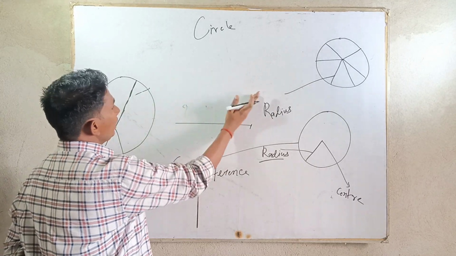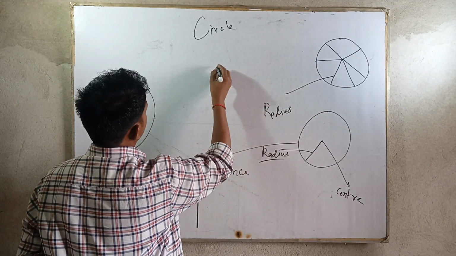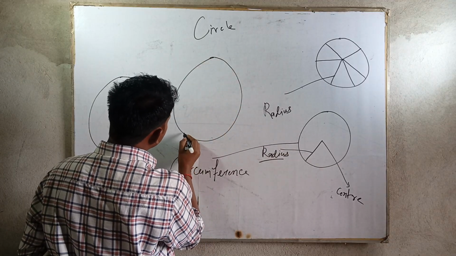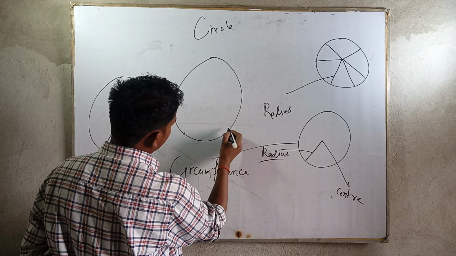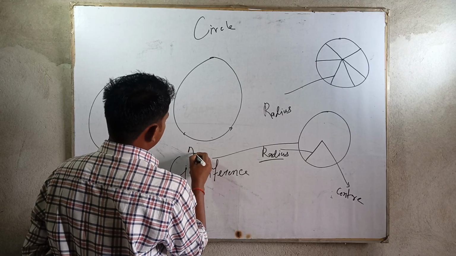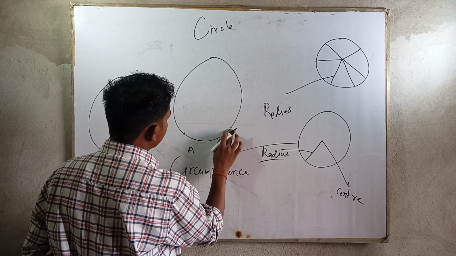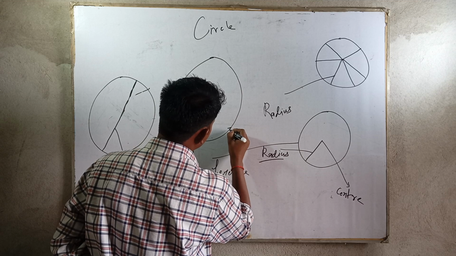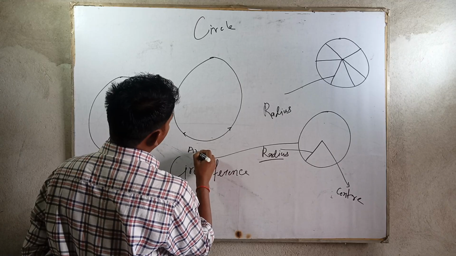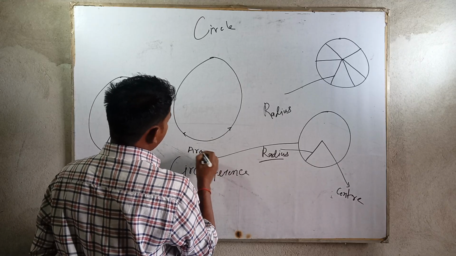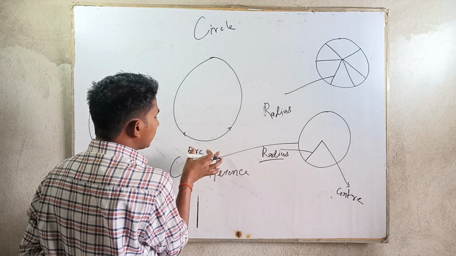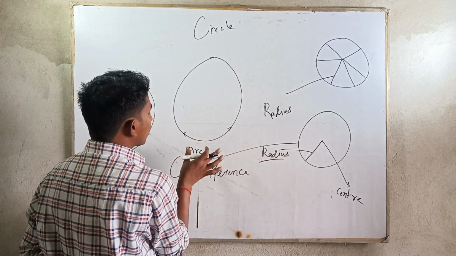Okay, next is this figure. This is also a part of the circle. A small part is called an arc. In this tab you will see there are some figures, it is called an arc. In arcs, one is a long arc and another is a small arc.